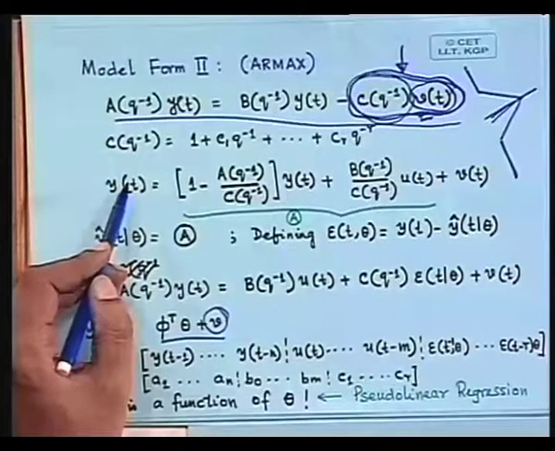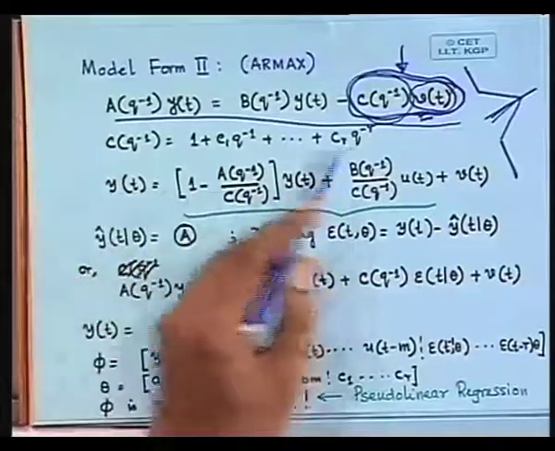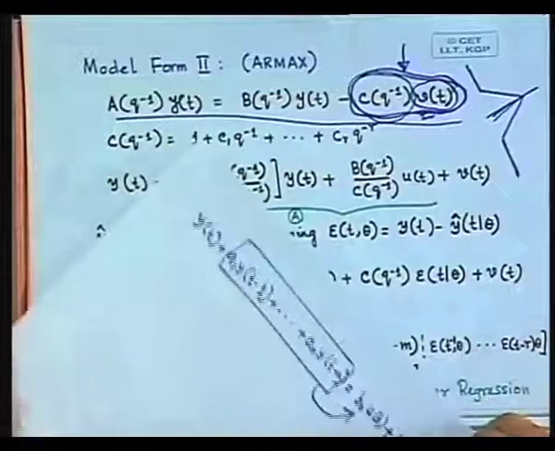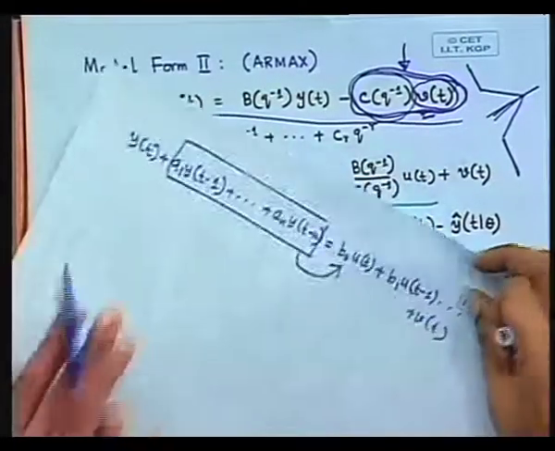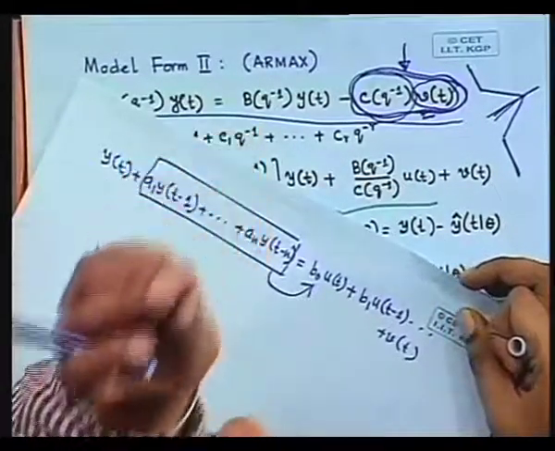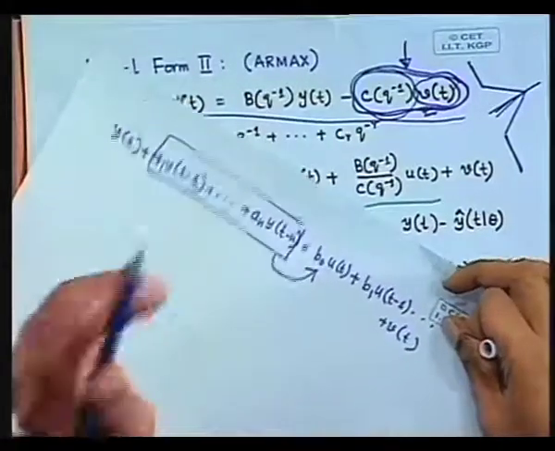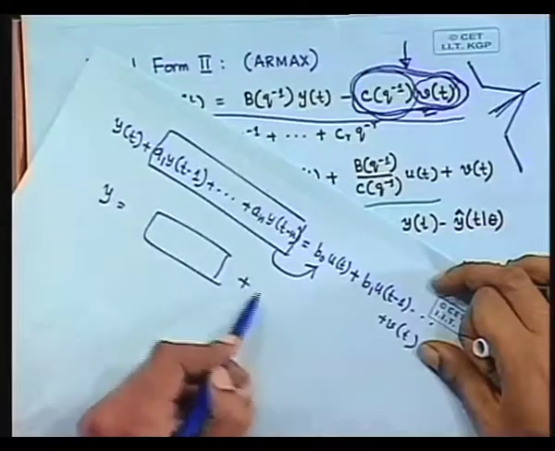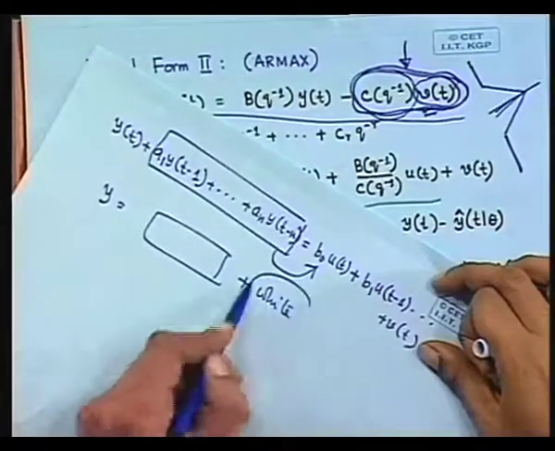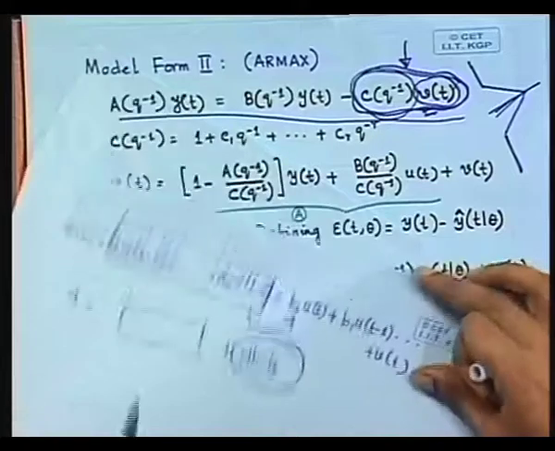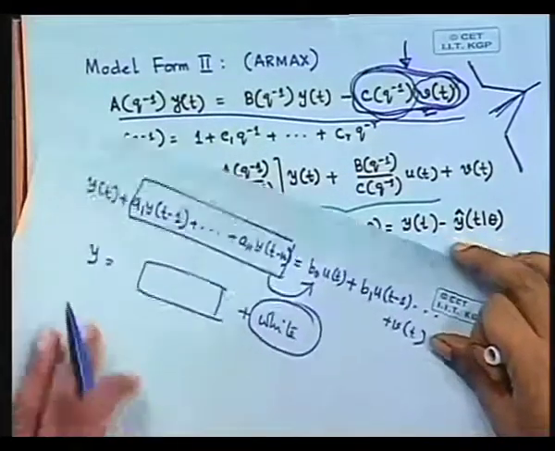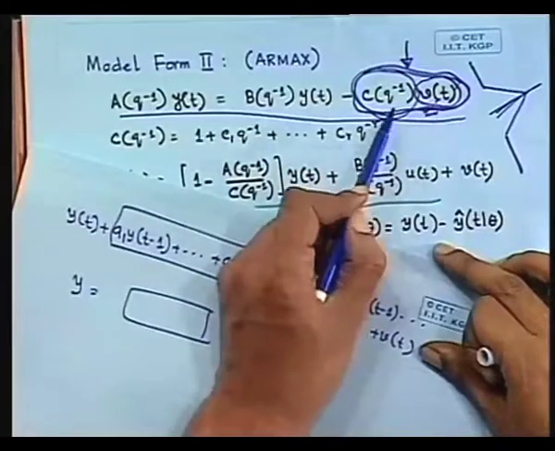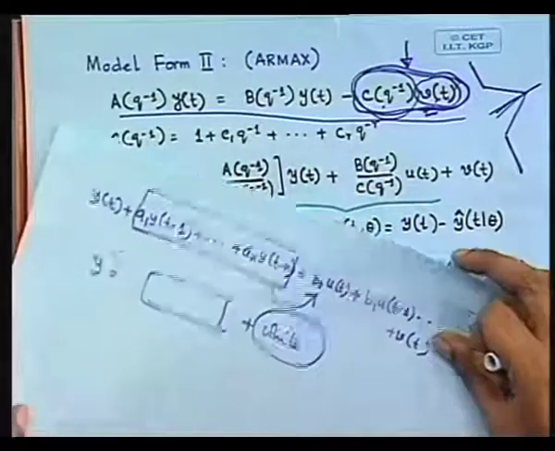You first divide this thing. This is the model. The whole idea of doing this is that you have to write the model as y is equal to something plus white. You have to express this model like this. So first of all, how do you express this something plus white? This is white, but C q inverse is there. So first I will divide.